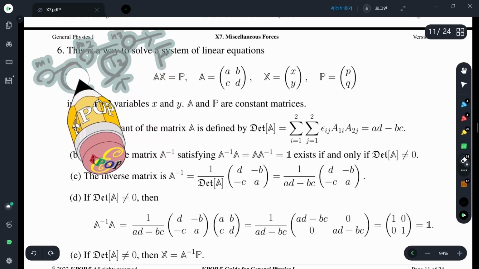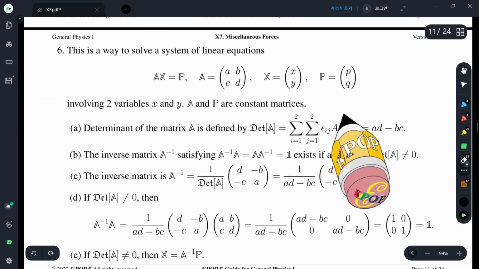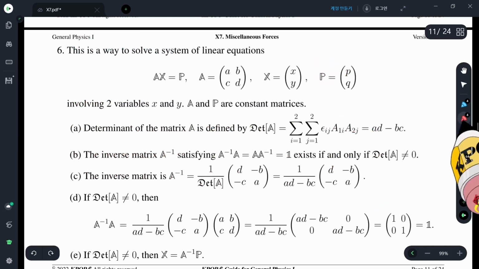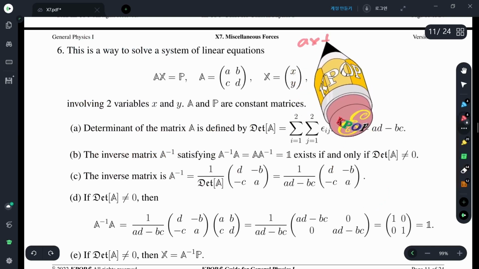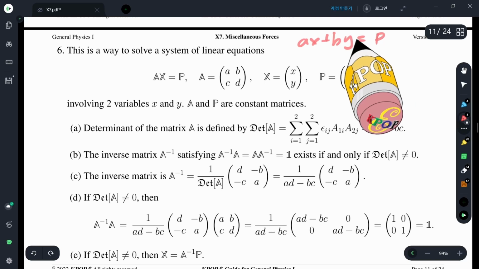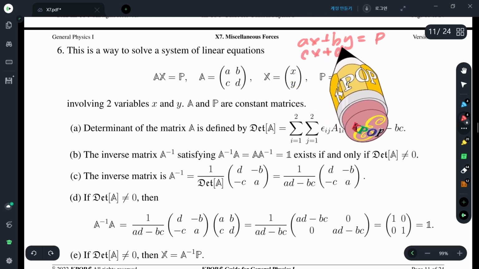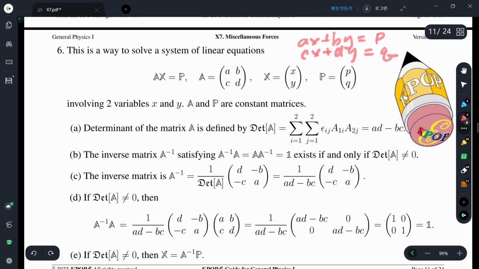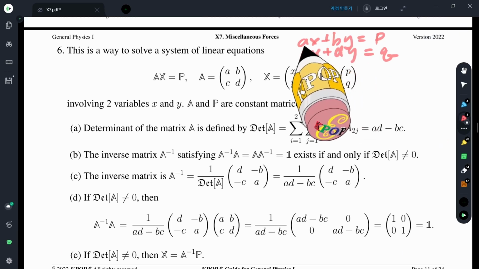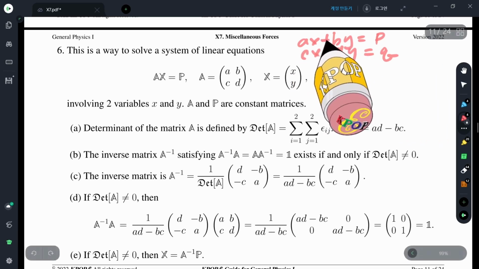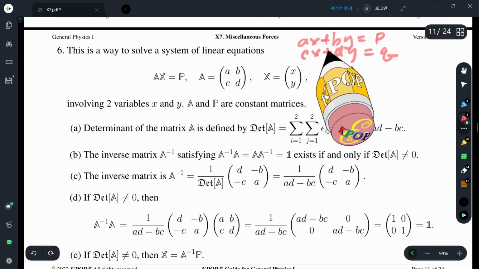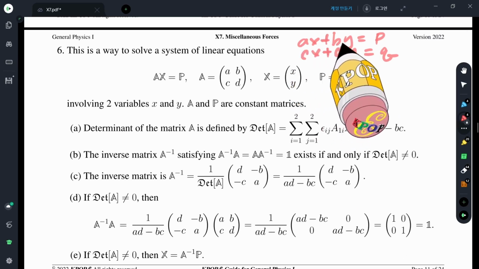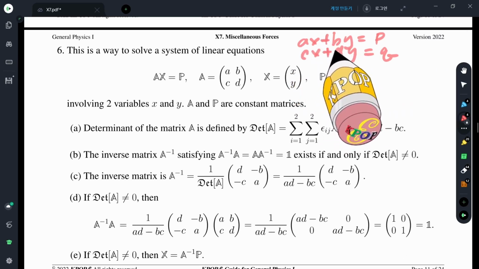For simplicity, we introduce a linear equation ax plus by equals p, cx plus dy equals q. Let us consider these as the components of vectors in a Cartesian coordinate system.